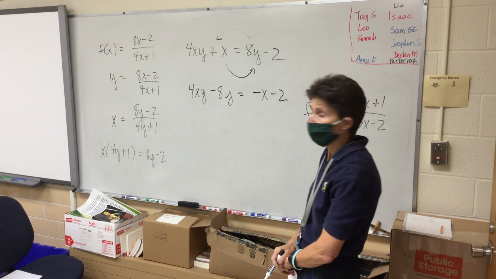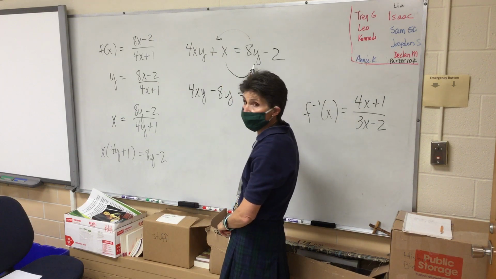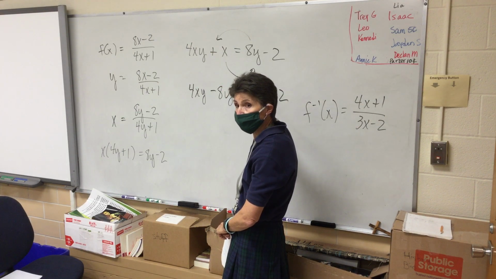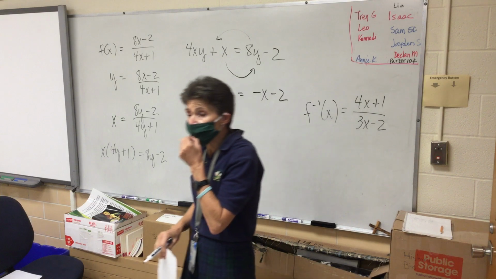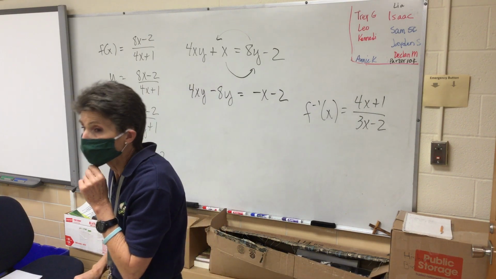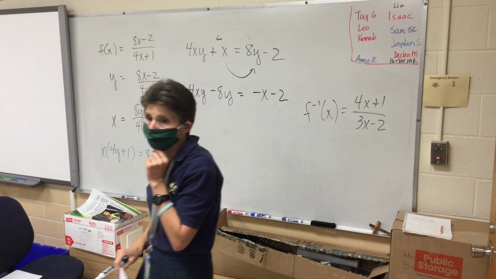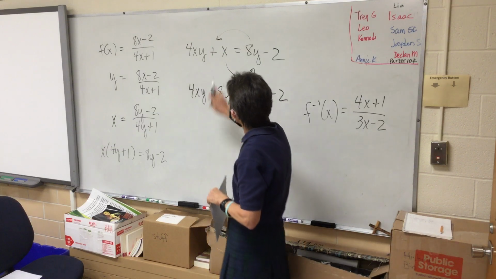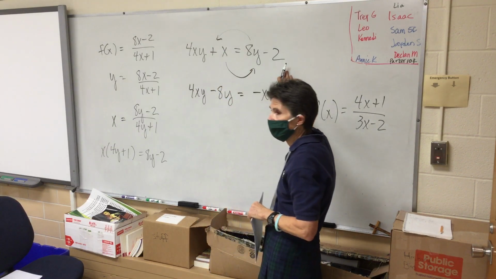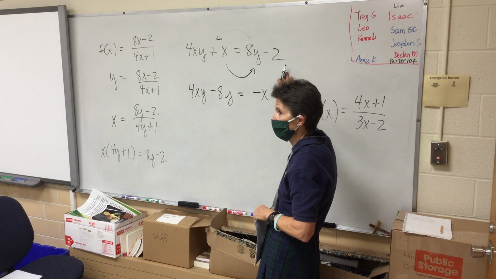Why is it a negative x? Because I'm moving it to the other side, so I'm subtracting it. Oh, okay. Remember, when things change sides, they change signs. So if it's positive on the left, it's going to be negative on the right, and vice versa.